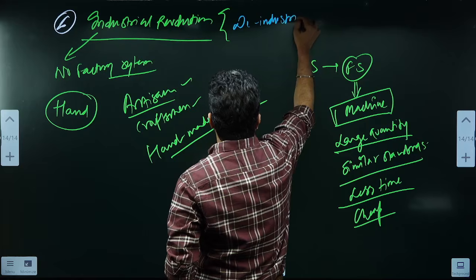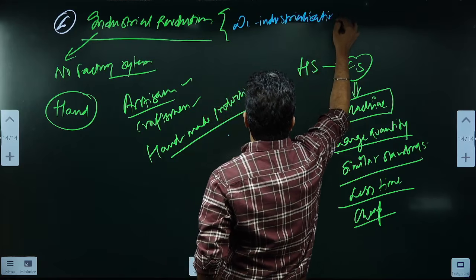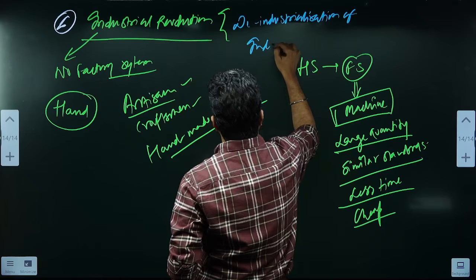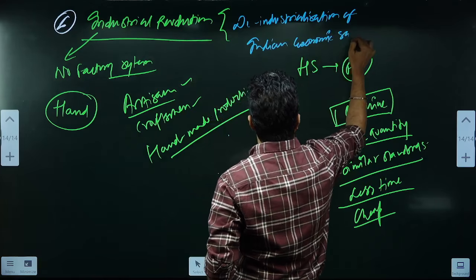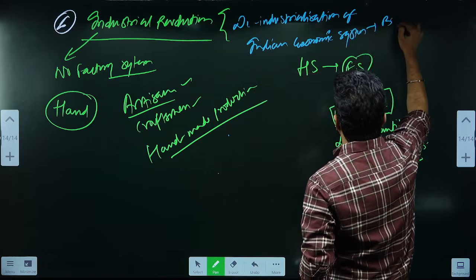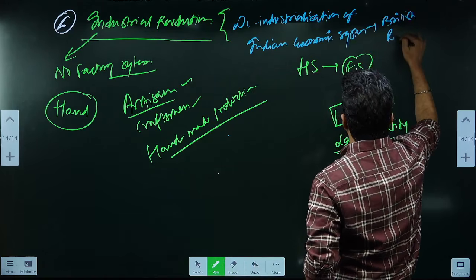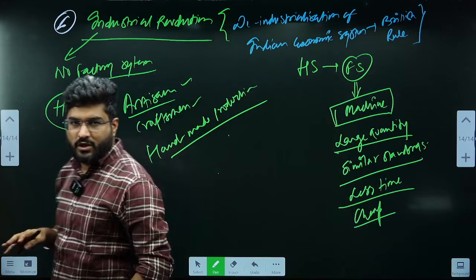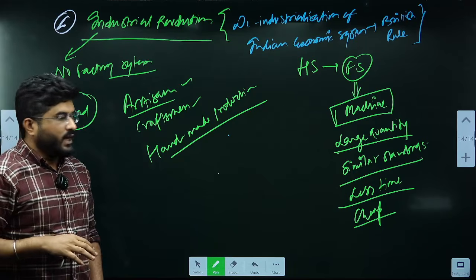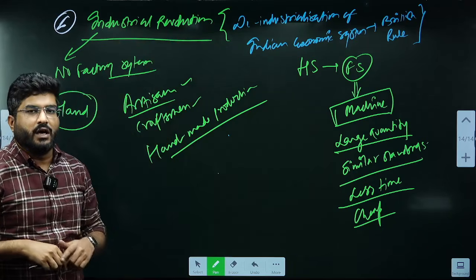Now compare this with the deindustrialization of the Indian economic system after British rule. The industrial revolution, which took birth in Europe, led to the deindustrialization of the Indian economic system.